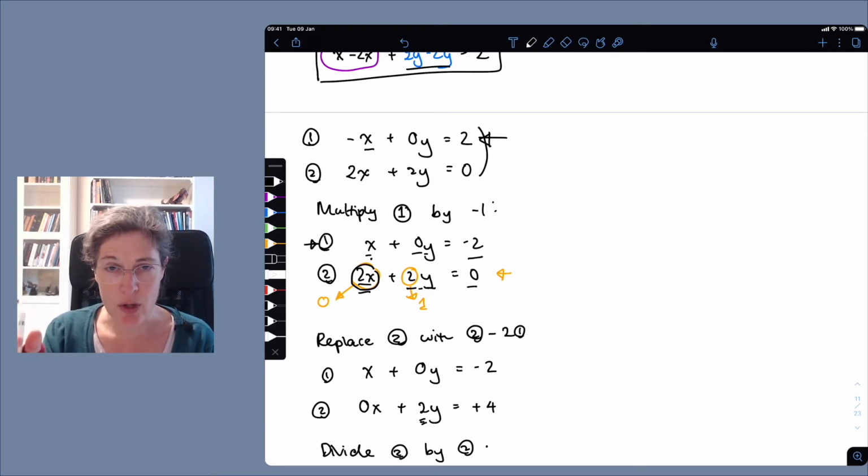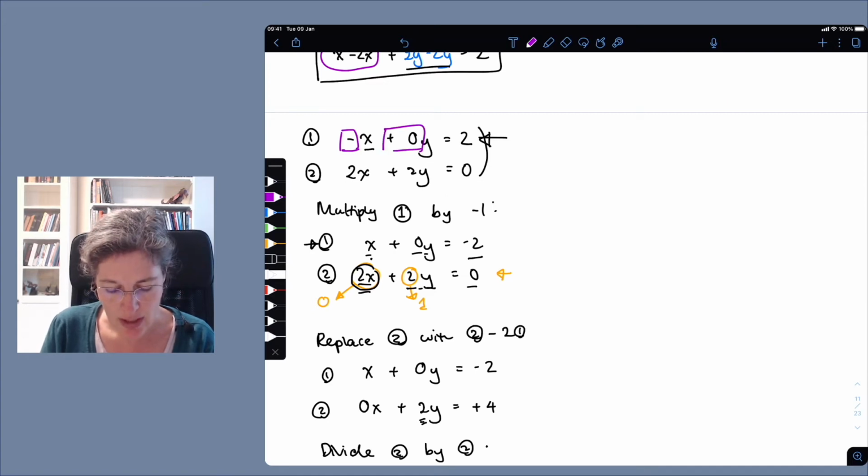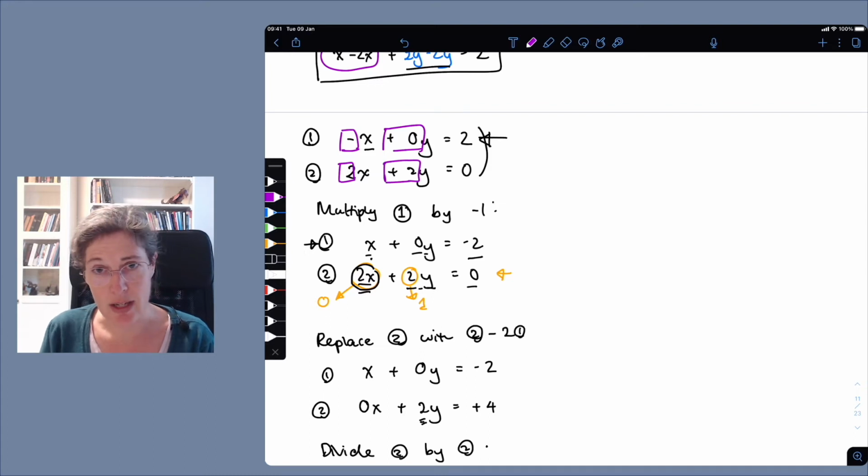So I always know that, for example, whatever is over here is the coefficient of x, whatever's over here is a coefficient of y, whatever's here is a coefficient of x, whatever is here is a coefficient of y. So one thing that I can do is simplify by just looking at the coefficients. I don't need to keep writing out all the x's and y's. So long as I keep everything in the right order, I can save a lot of time.